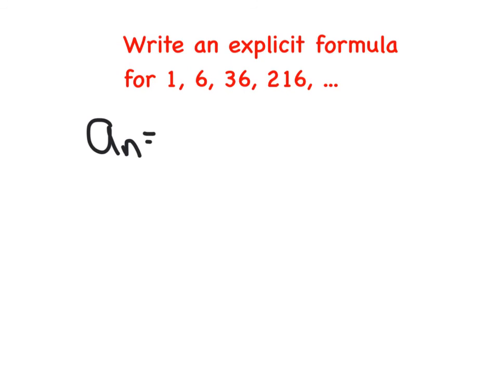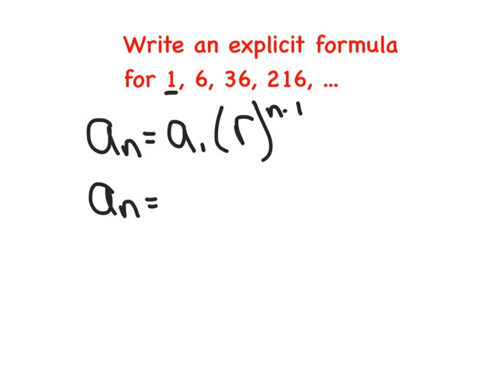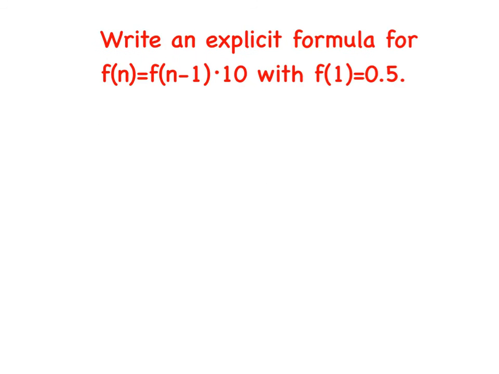So if we just write down our formula and then plug in the numbers that we know, just by observing the sequence, we know that 1 is the first term. The common ratio is 6, so let's plug a 6 in there. And bada bing, bada boom, you are done. You don't need to do anything else to that term.